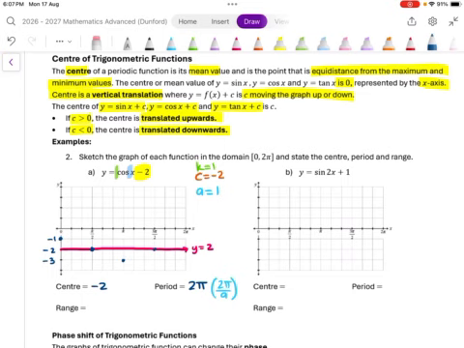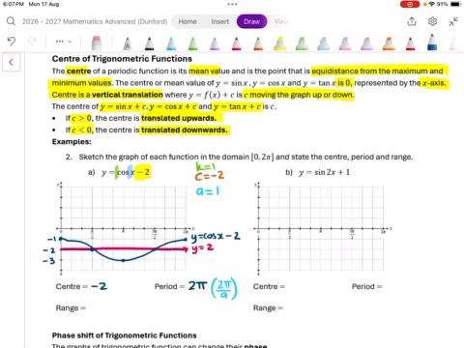At 3 pi on 2, it's back to our center. And at 2 pi, it's back to minus 1. So we can then sketch our cos function like so, nice and smooth, to get our curve y equals cos x minus 2.